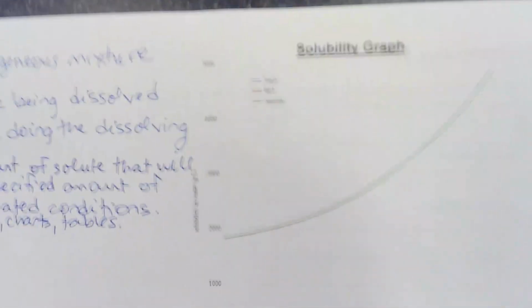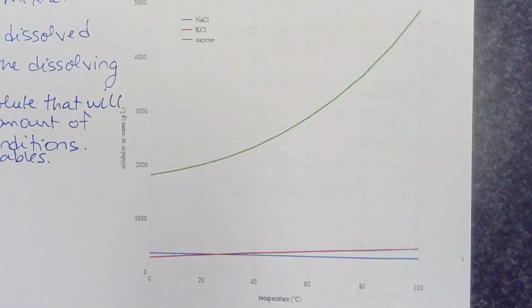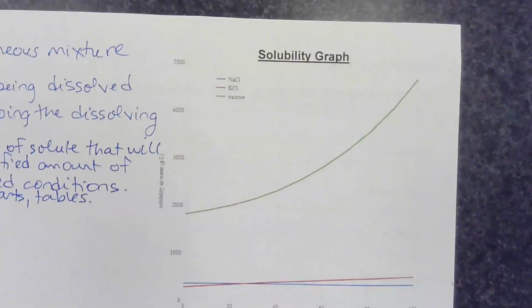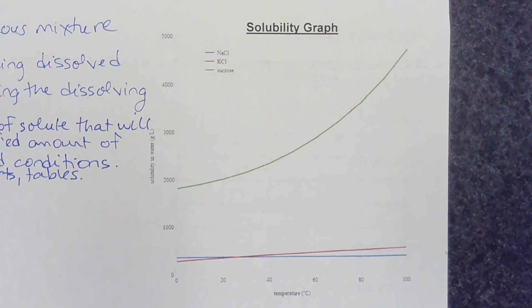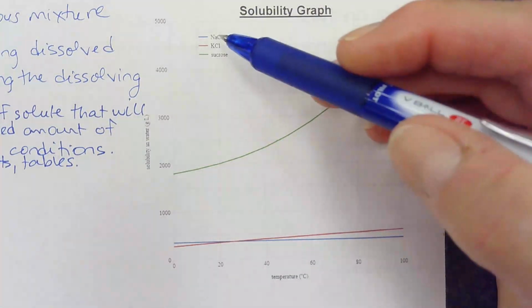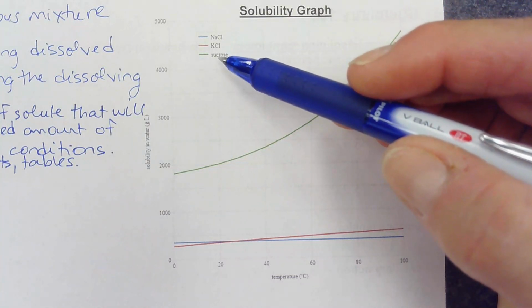And so let's look at that solubility graph. Let me come out just a little bit. So what do you see in the top left? It says NaCl, it's in blue, KCl in red, sucrose in green.